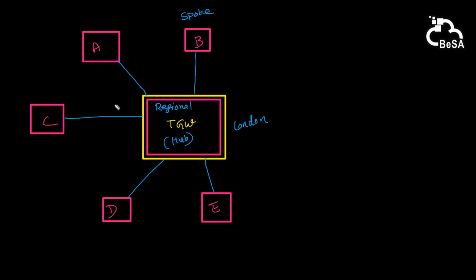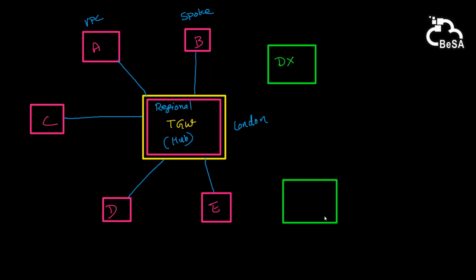Same way, this is not only for connecting your VPCs. You could also have other types of connections. What I mean by other types of connection, if you have a direct connection, or if you have a VPN connection, they can also be coming and connecting to this particular transit gateway.